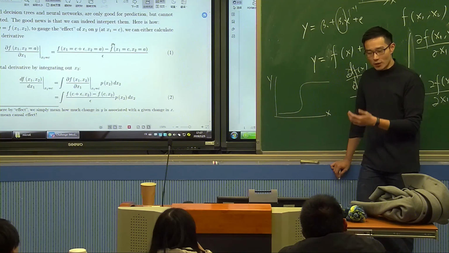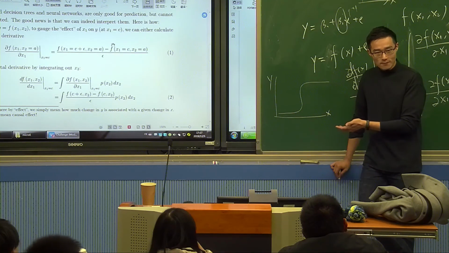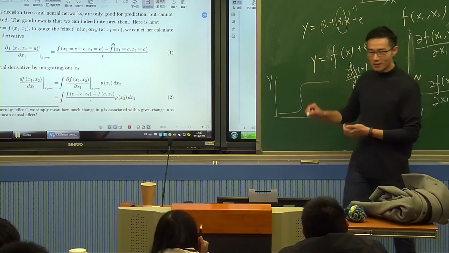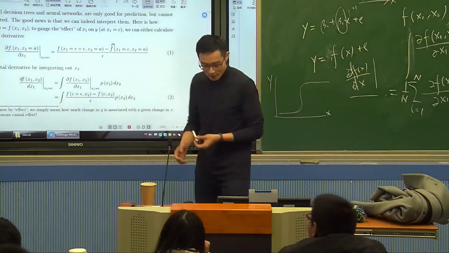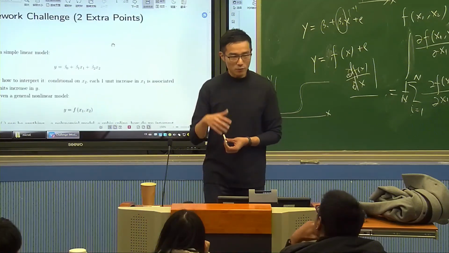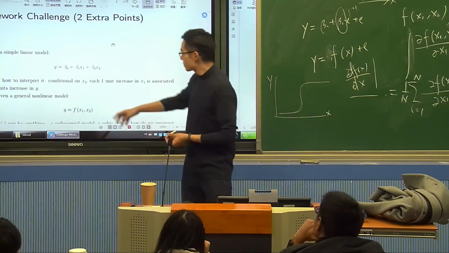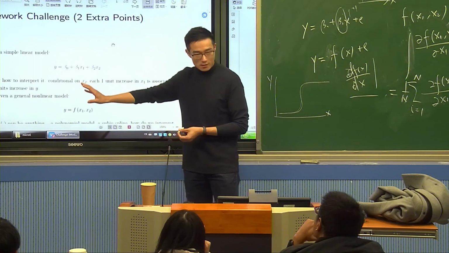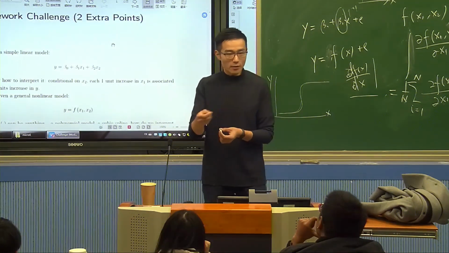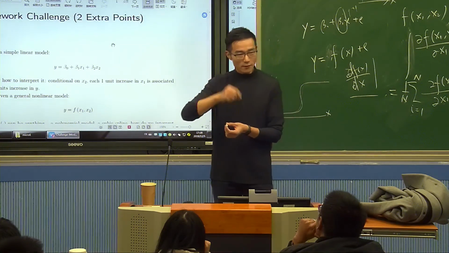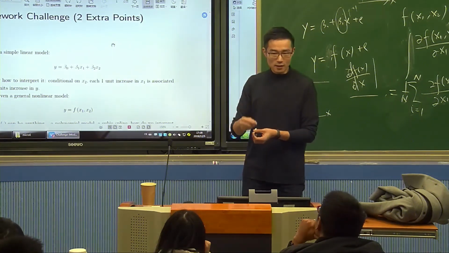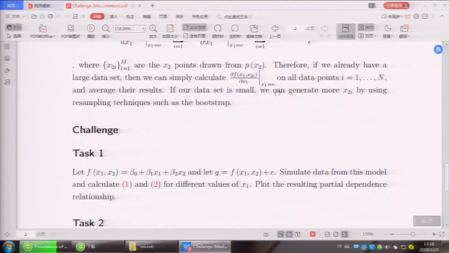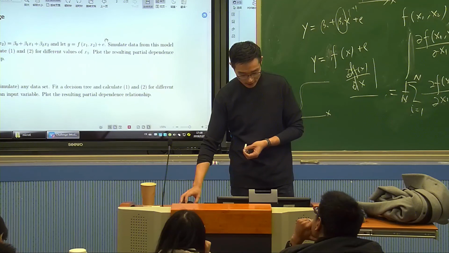Now, what I want you to do is not use any package, just program it yourself and produce a plot like this. But it's not hard, because you don't have to do random forest and stuff like that. Just do any simple linear model, or even one where you can calculate analytically what the effect is, what the derivative is, and then just plot it out. You don't have to do anything hard.